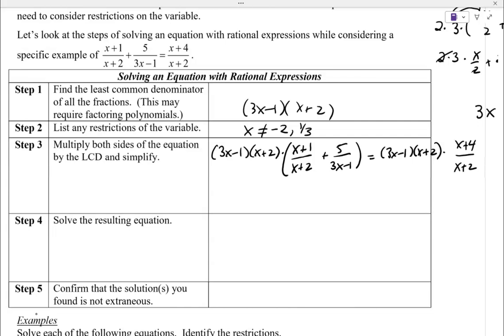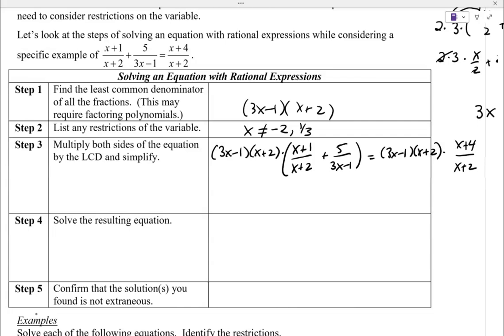So again, the whole reason why we're doing that, we see x plus 2 in the denominator, so we'll multiply both sides by x plus 2 so that we can get rid of it. We see 3x minus 1 in the denominator, we multiply both sides by it to get rid of it. Okay? Our first step in all of these is to try to make it not have fractions anymore. Okay?